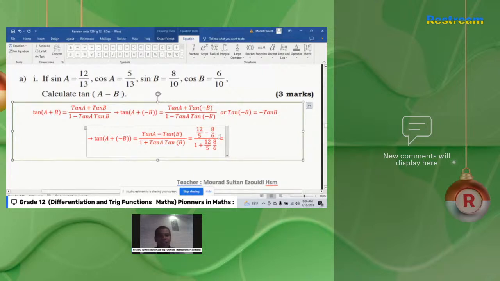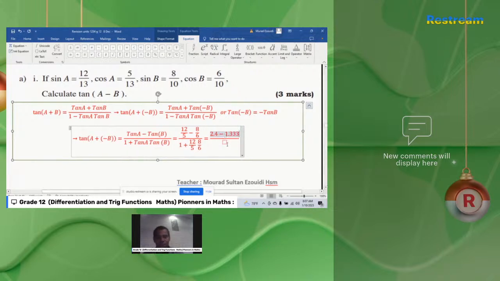If you are going to use a calculator, you will change the fraction into a decimal number. It will be what exactly? 12 over 5 is 2.4, minus 8 over 6. 8 divided by 6 will be 1.3 and so on.